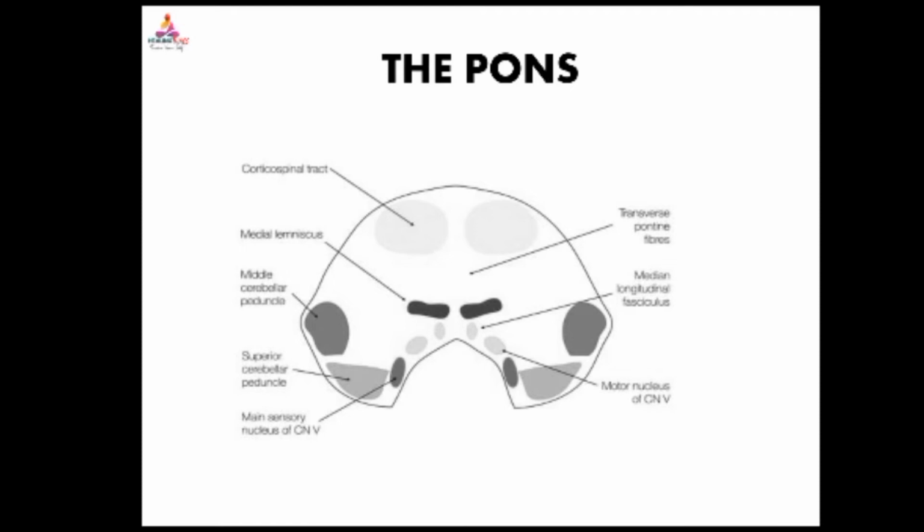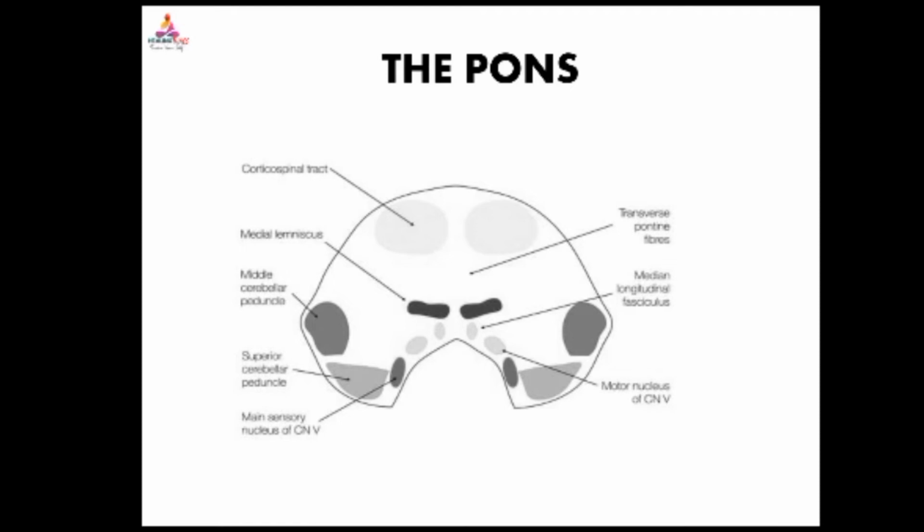The ventral portion contains a large number of nuclei, the pontine nuclei, and longitudinal bundles of descending fibers of the pyramidal tract. The pontine nuclei relay information from the cerebrum to the cerebellum, the cortico-ponto-cerebellar pathway.